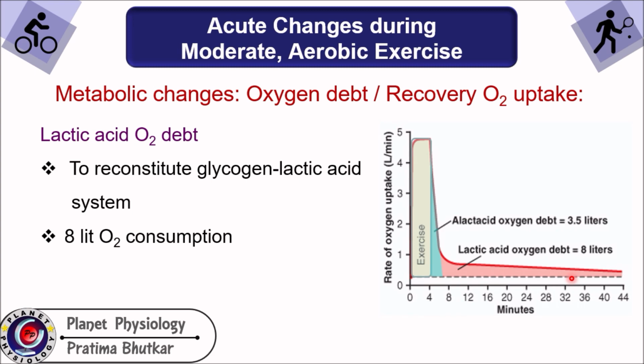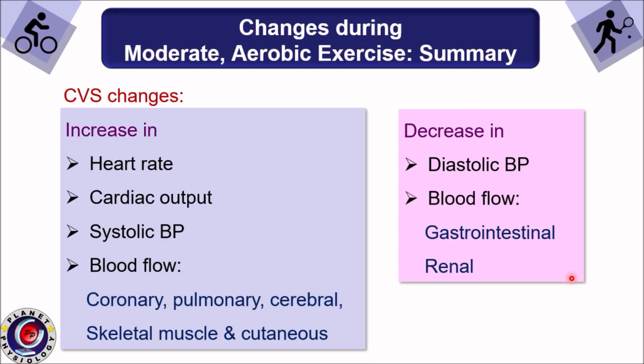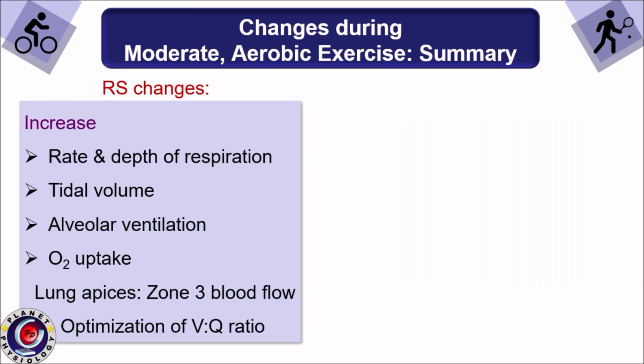Let us quickly revise the changes taking place during exercise. During moderate aerobic type of exercise, there is increase in heart rate, cardiac output, systolic blood pressure as well as blood flow to heart, lungs, brain, skeletal muscles and skin. At the same time, there is decrease in diastolic blood pressure and blood flow to gastrointestinal tract as well as kidneys.